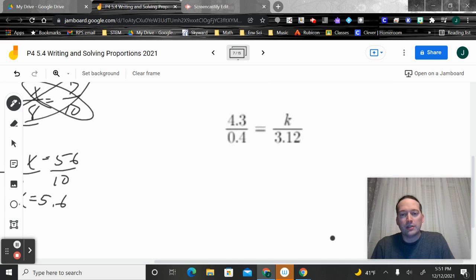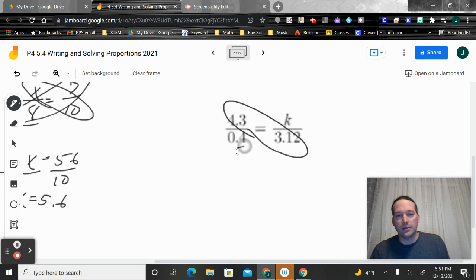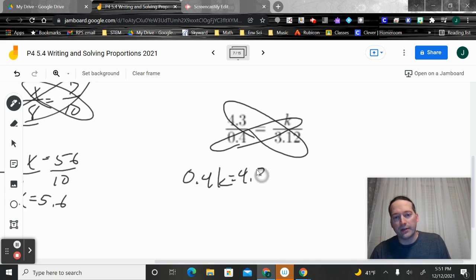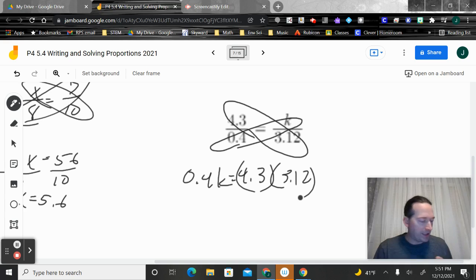All right. So let's come over here. Let's solve this one with cross products. So we get 0.4k is equal to 4.3 times 3.12. I should have just typed that into the calculator, not written it out. That was one extra step I did not need to do. 3.12.